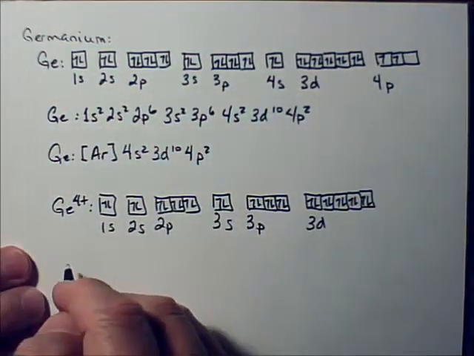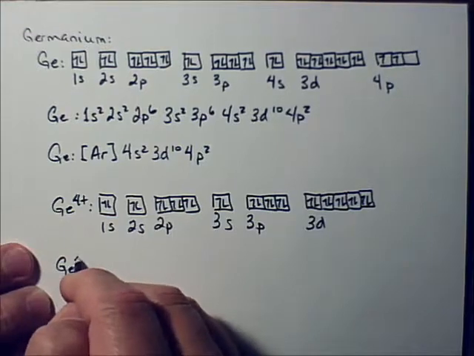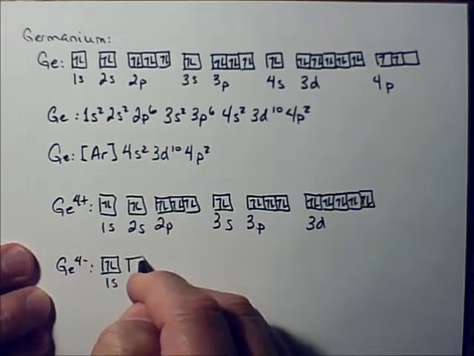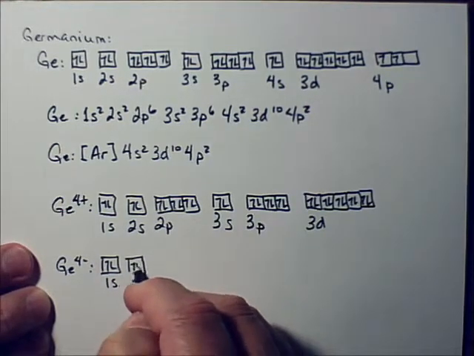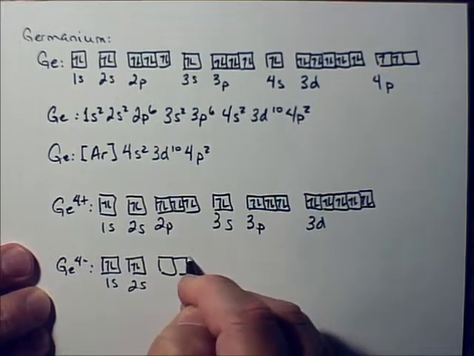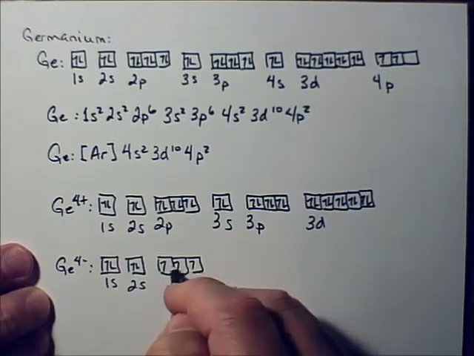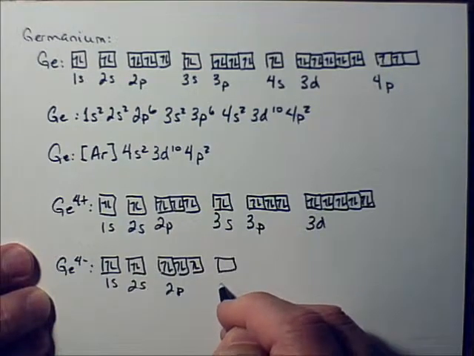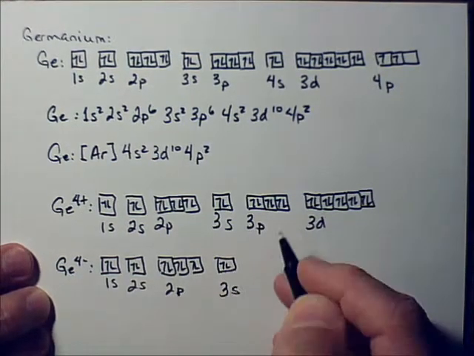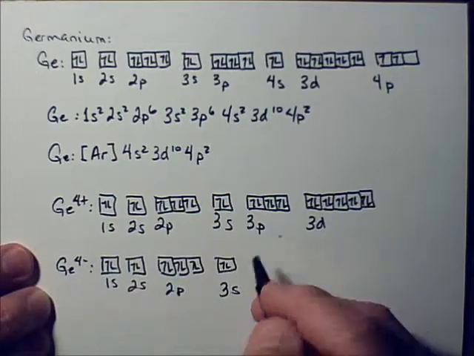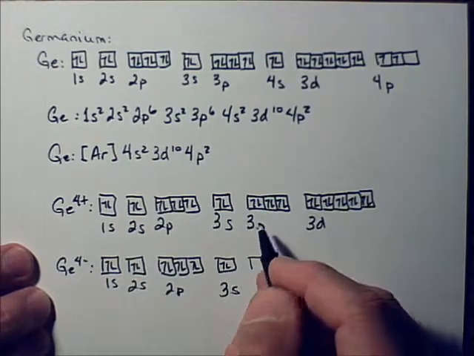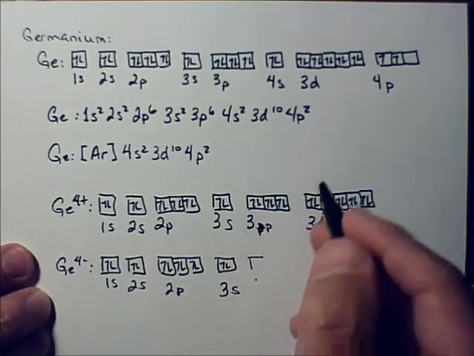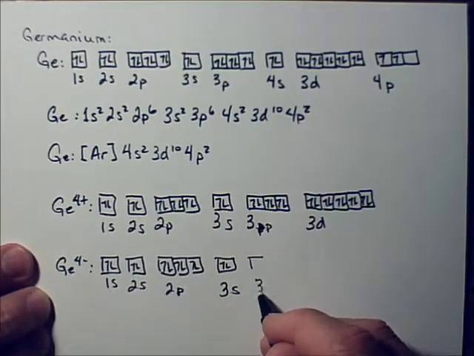So for that, we're going to have germanium 4 negative: 2 electrons in 1s, 2 electrons in 2s, 3 orbitals and 6 electrons in 2p, 1 orbital, 2 electrons in 3s. We're keeping 4s. I'm sorry, you have to do 3p first. Yeah, that is p. Sorry. All right, 3p.